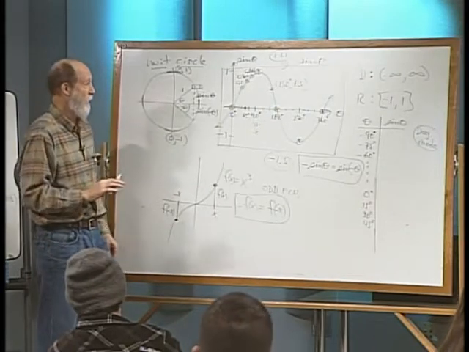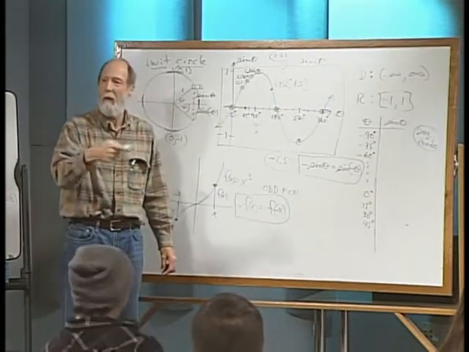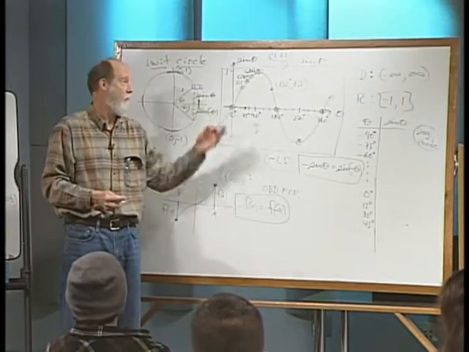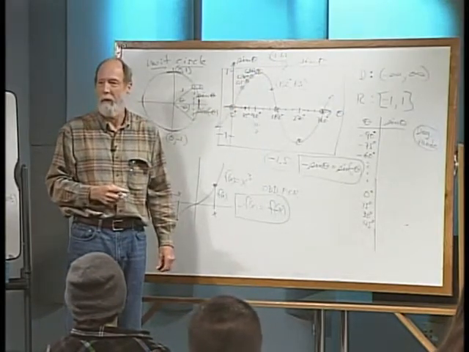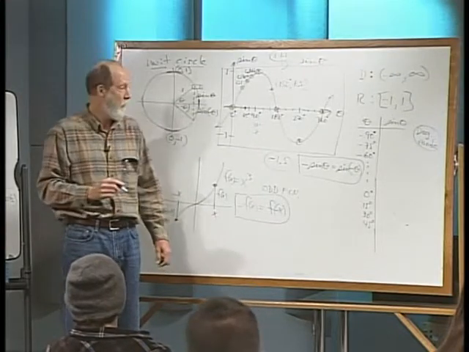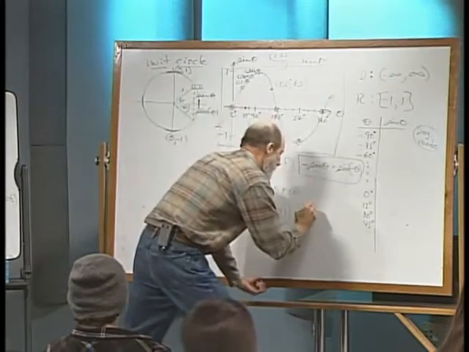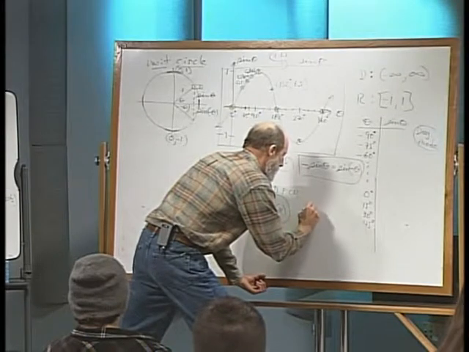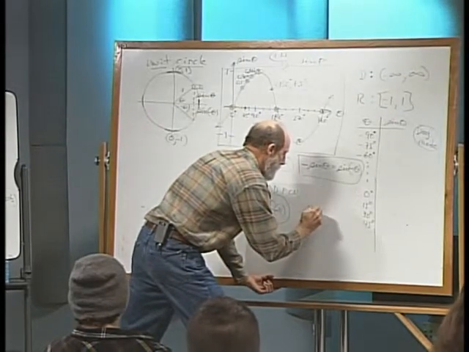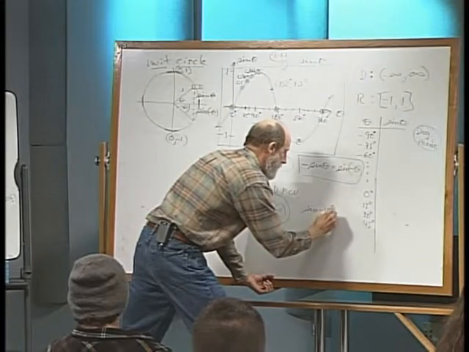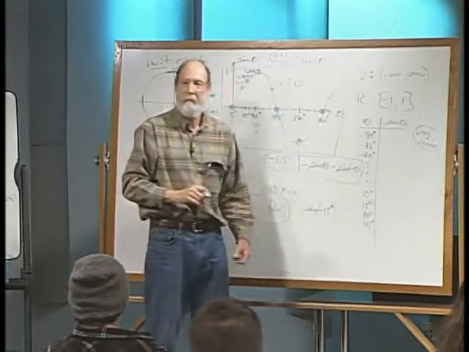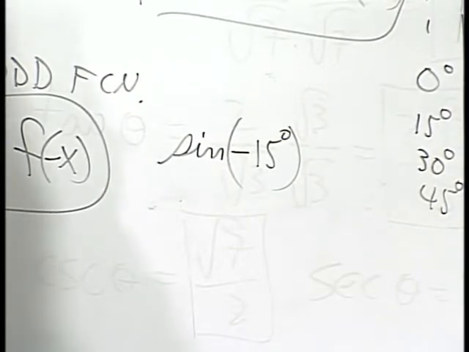The important thing probably that you want to carry with you as you move on beyond this course into calculus is that the sine function is an odd function. So, what if I had the sine of negative 15 degrees?